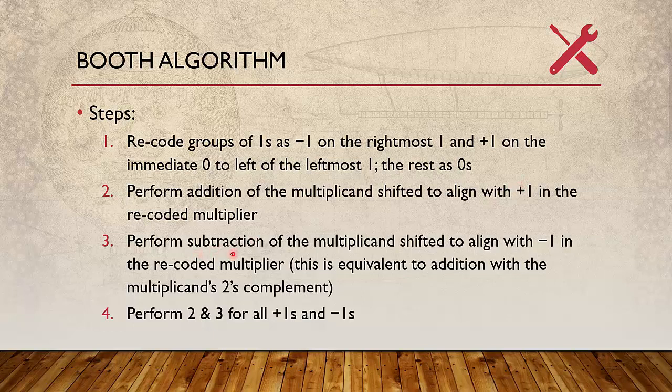We perform subtraction of the shifted multiplicand if we see a negative 1 and we align to it. This is actually equivalent to addition with the multiplicand negative in 2's complement format. And of course, we repeat steps 2 and 3, the core steps, for all positive ones and negative ones that we see in the recoded multiplier.